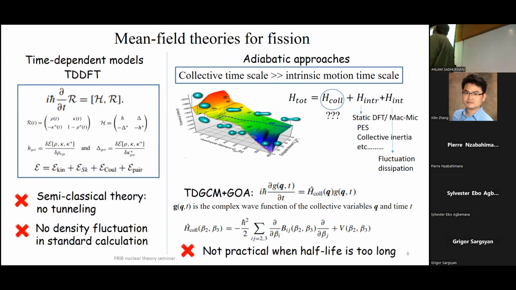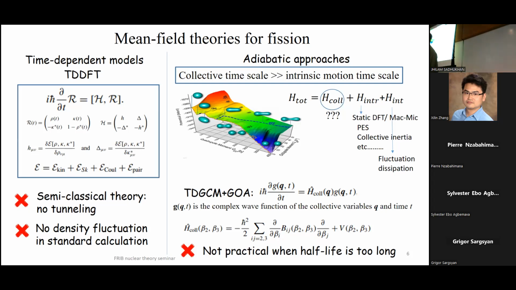The most important theory for fission study, which includes all kinds of correlations, is time-dependent DFT, where one solves the time-dependent Kohn-Sham or Hartree-Fock-Bogoliubov equation, where R is the generalized one-body density and H is the generalized one-body single-particle Hamiltonian. We obtain these two from the total energy density functional, and then one solves this equation.